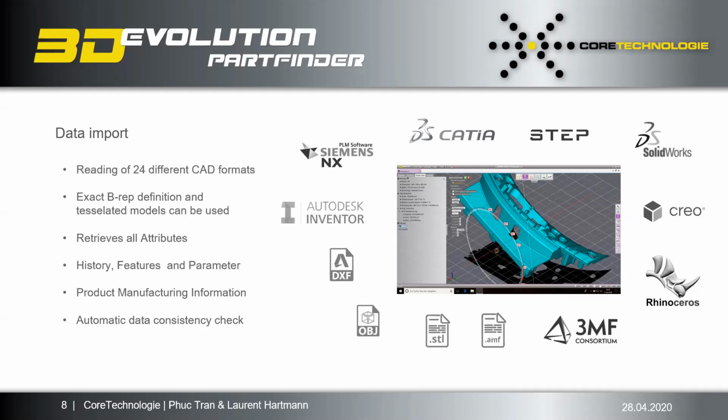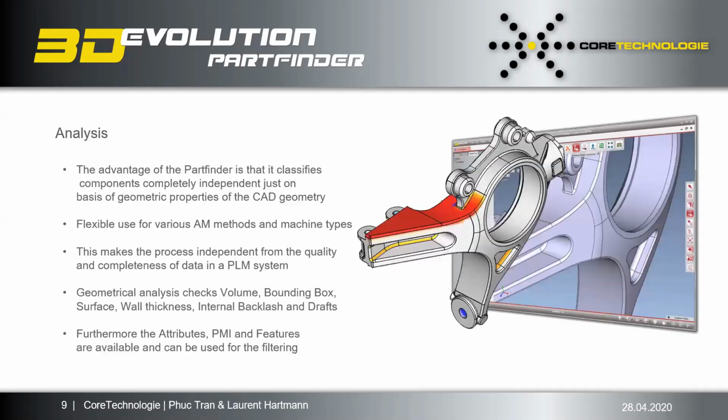All the attributes will be received. History, features, and parametrics will be opened and taken out, and all the PMIs, product manufacturing information, as well as the data will be checked for consistency and quality, and how to work on these files.